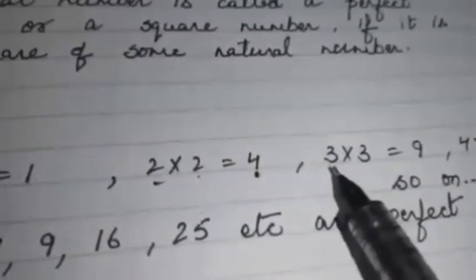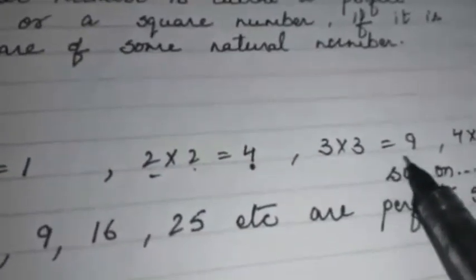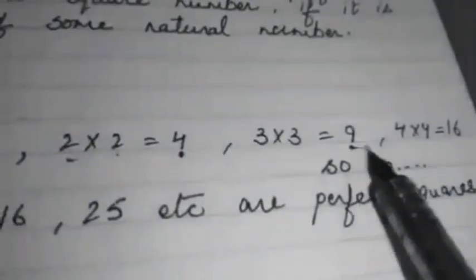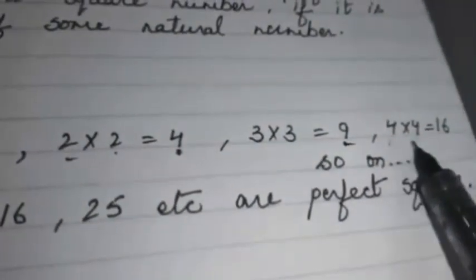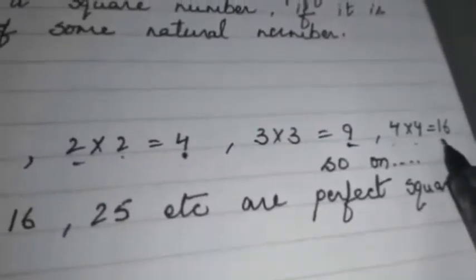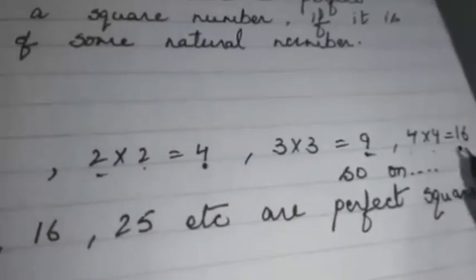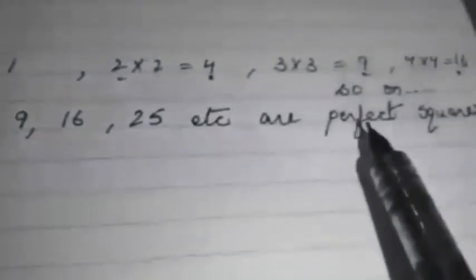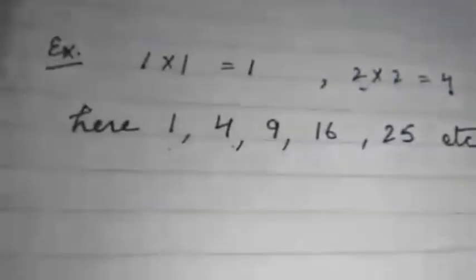The next example is 3 into 3, you will get 9. That means 9 is again a perfect square. And the next is 4 into 4 equals 16. That means 16 is again a perfect square number. So you can say that 1, 4, 9, 16, 25 and so on are perfect square numbers.